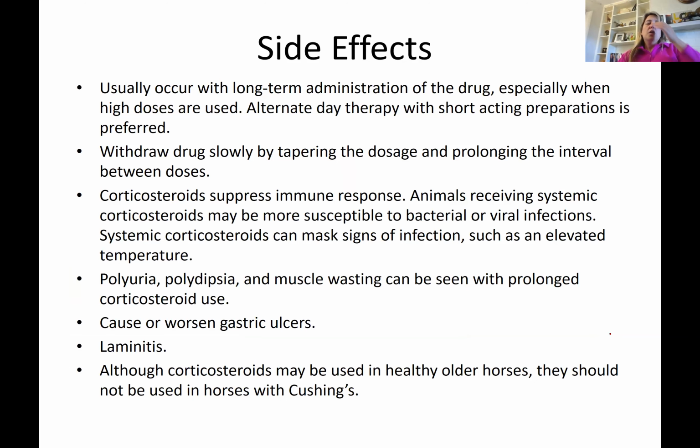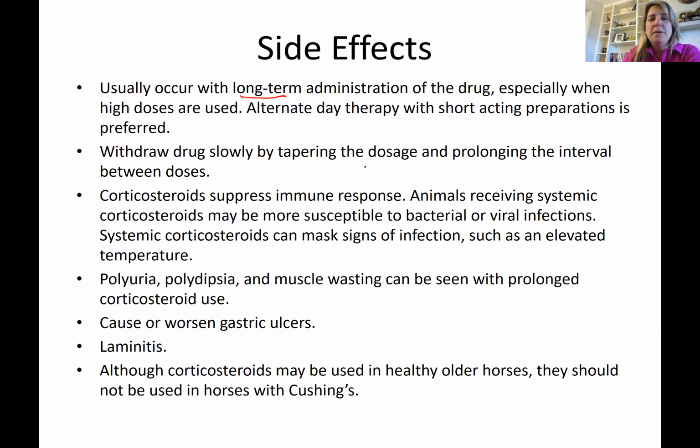Okay. So the side effects of steroids or anti-inflammatory drugs, like I said, are going to be very similar to the chronic release of cortisol. It is generally going to happen with long-term administration of the drug. The lowest dose is ideal, okay?